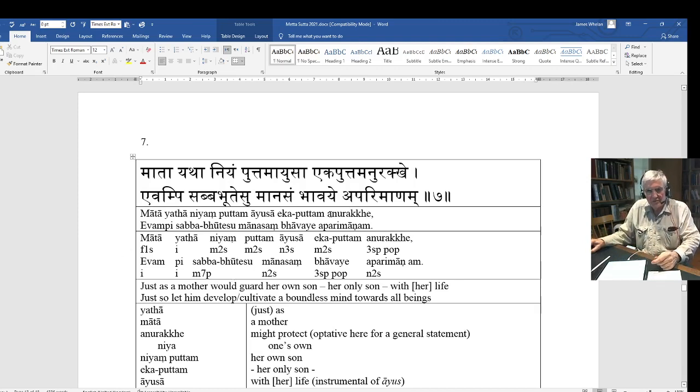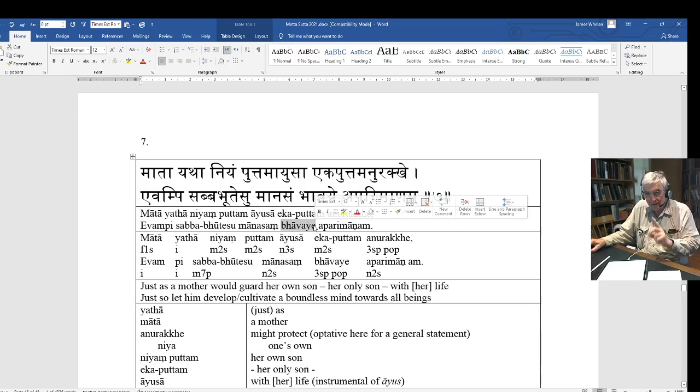So it's the optative, not of desire, something that should happen. It's the optative of how it generally happens. Hypothetically, that's what we expect to see happening. Anurakkhe. And here, evam pi sabbabhutesu manasam bhavaye. Again, bhavaye. In Sanskrit it would be bhavayet.